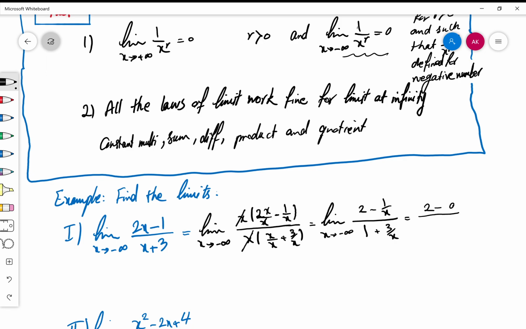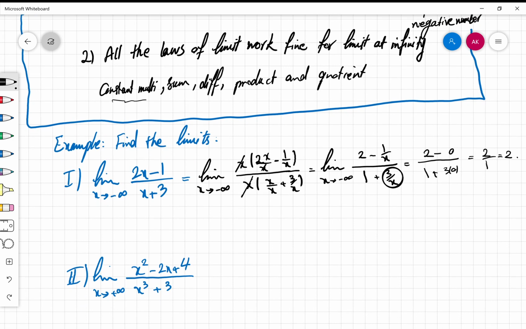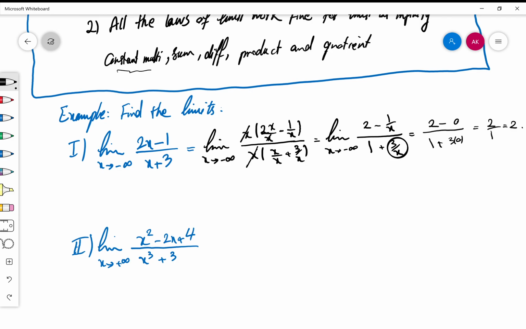That's 0 over 1 plus, again by the constant multiple rule, 1 over x times 0. So this will give you 3 times 0. And as you can see, this is just 2. What we did here, by factoring the highest power from the numerator and denominator, is basically turn this limit into a nice limit that we can use the laws of limit on.